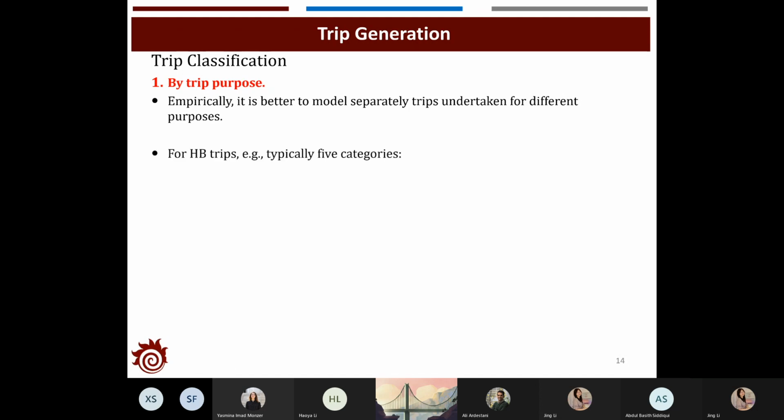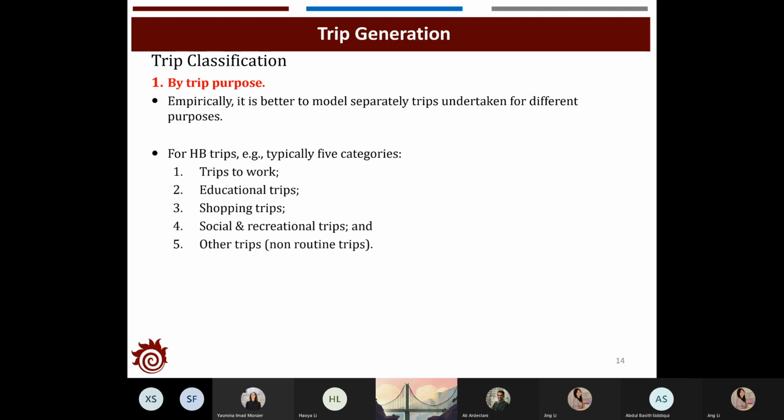So for the home-based trip, usually we can define them in 5 different categories. That could be the trip to work or the educational trip. These 2 will be the mandatory trips.